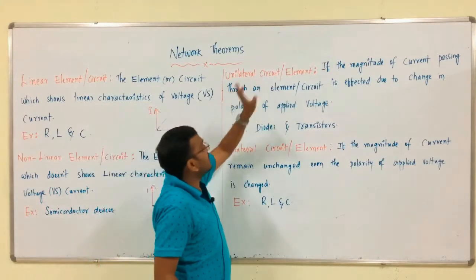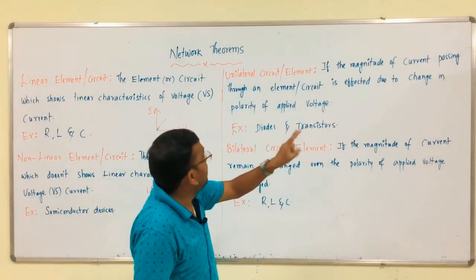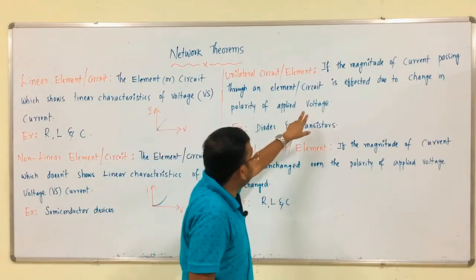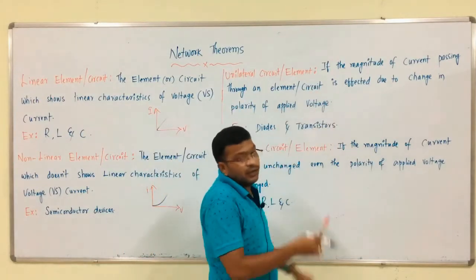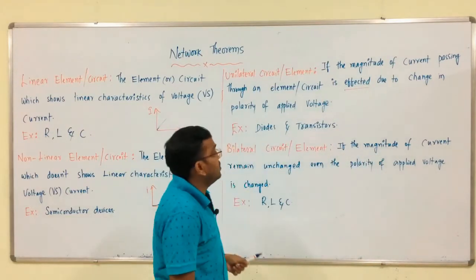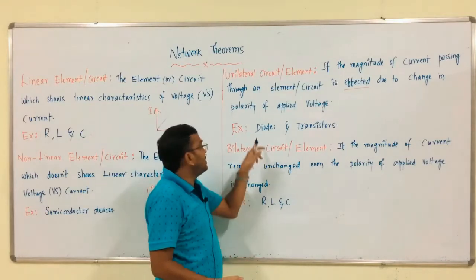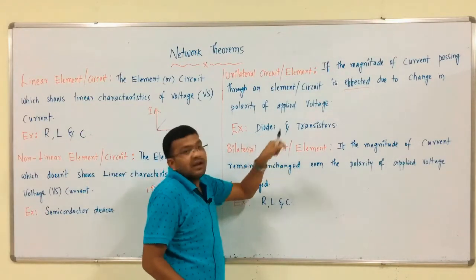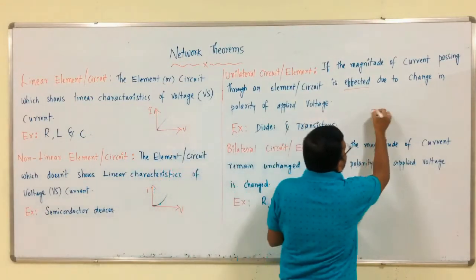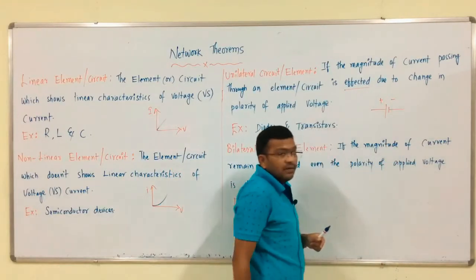Next, unilateral circuit, that is, if the magnitude of current passing through an element or circuit is affected due to change in the polarity of applied voltage. The examples for this are diodes and transistors. For example, this is the applied voltage, plus minus.